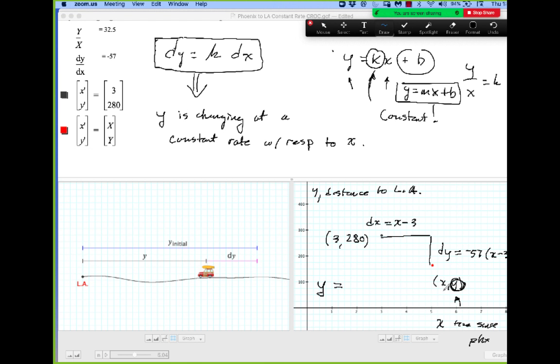And what was our y initial? Isn't that the amount of distance we started with? So for this, is it 280? 280. So every y is 280, mm-hmm, and then plus your dy, which is negative 57 times x minus 3.